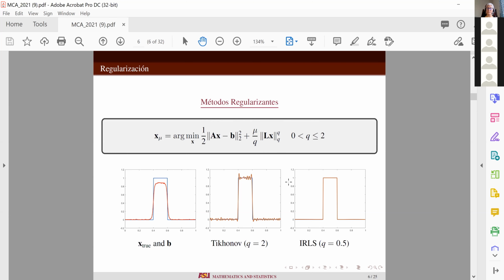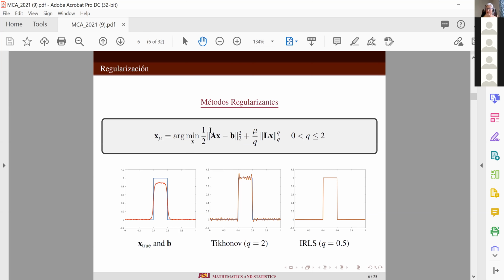Okay, now let me go back for a second. Here, when I'm showing you this, I am assuming that we know exactly what this matrix A is. In reality, we don't know, okay? So it might be estimated, or we might have an idea, or maybe the engineers try to model it and know that the blur looks like a certain form.